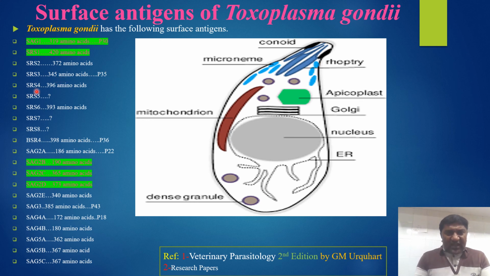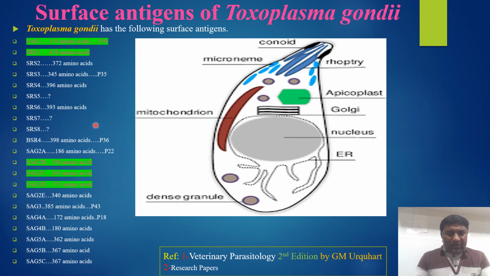SRS4 has 396 amino acids, SRS5's amino acid count is unknown, SRS6 has 393 amino acids, SRS7 is not yet known, and SRS8 similarly is not yet discovered.